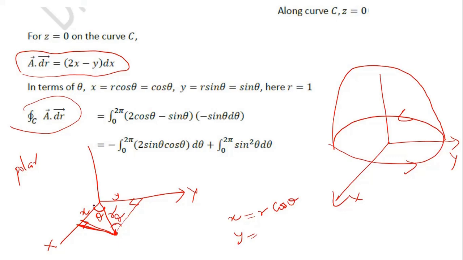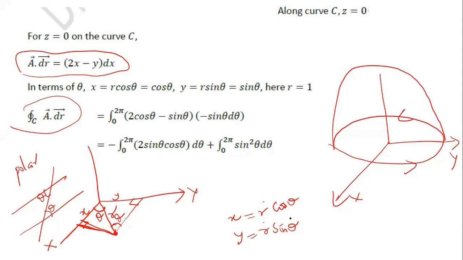So if you have two parallel lines like this, and you have an intersection like this, if this angle is theta, this angle is also theta, alternate angles, right? So if this is theta, then your Y here will be R sine theta. So using this polar coordinates, instead of writing X and Y, you can write in terms of R and theta.